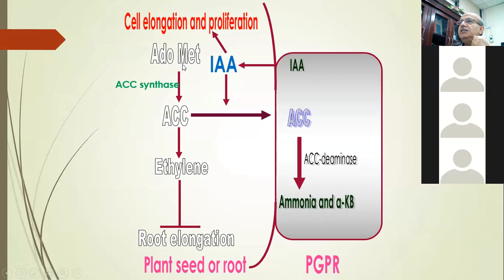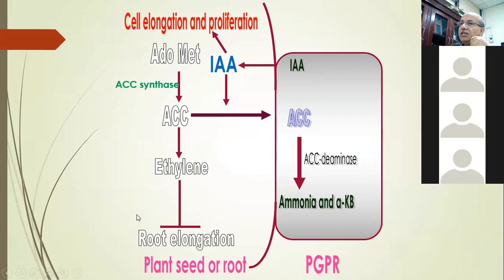Similarly, this methionine is converted into ACC, and ACC is converted into ethylene. So what happens with the inoculation is that this ACC, instead of going this way, due to concentration gradient goes out to the bacteria, where the bacteria has produced this enzyme and converted this into ammonia and alpha ketobutyrate, right?